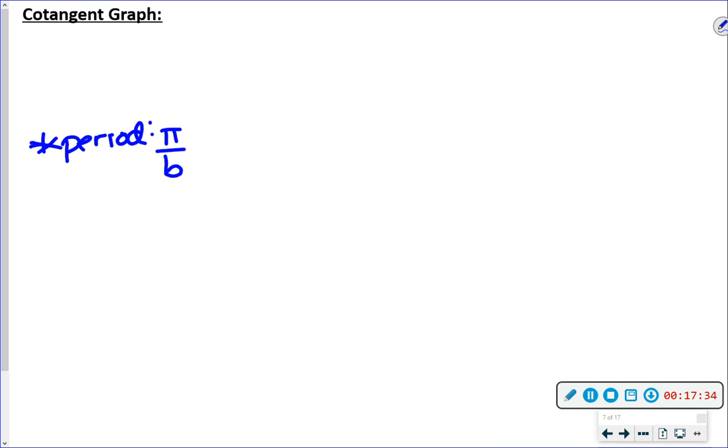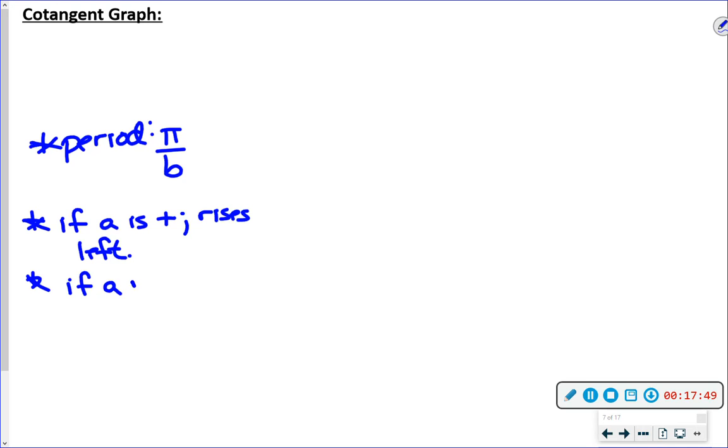Okay. Let's also put how the curves work. If A is positive, I'm just going to use the symbol, rises left. And obviously if A is negative, rises right. Now, what also is going to change are the asymptotes.